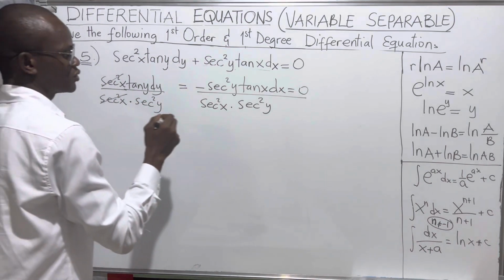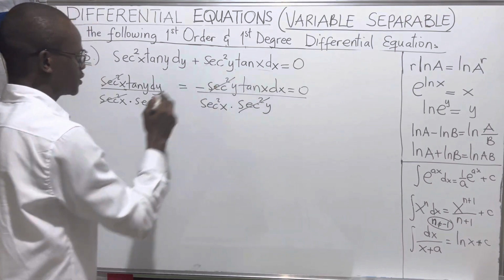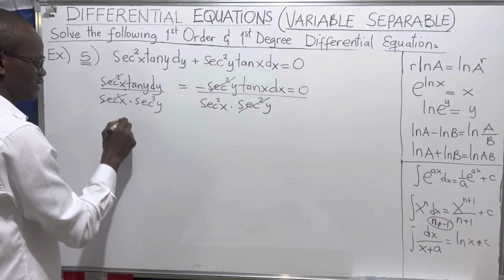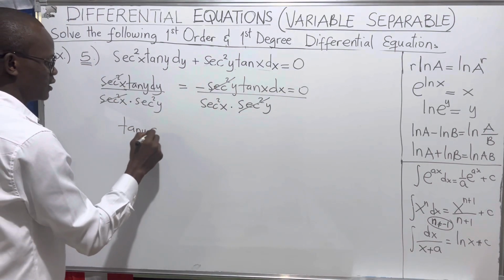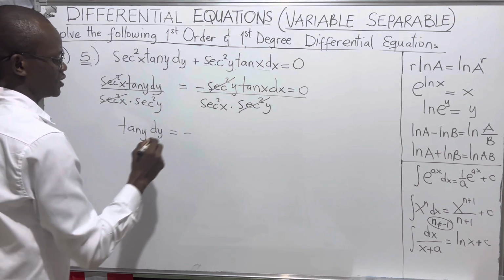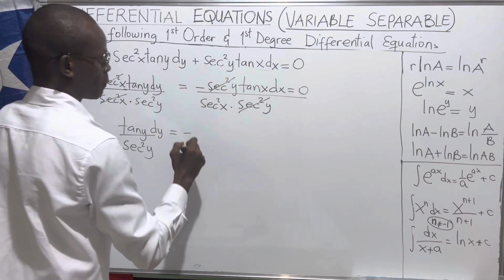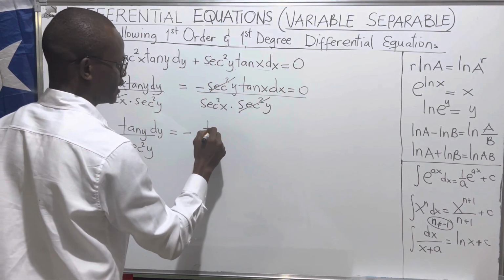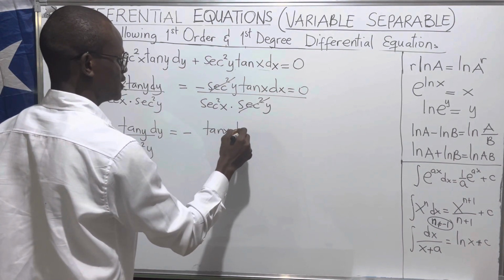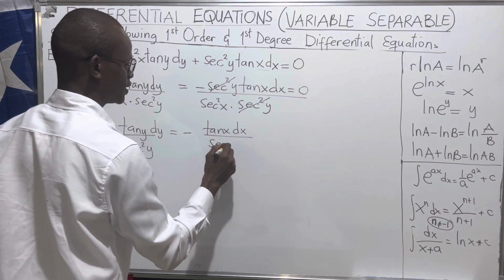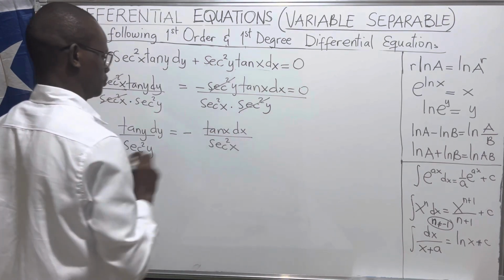This and this will go out. This and this will also go out. You have tangent of y dy is just equal to negative tangent of x dx all over secant square x.